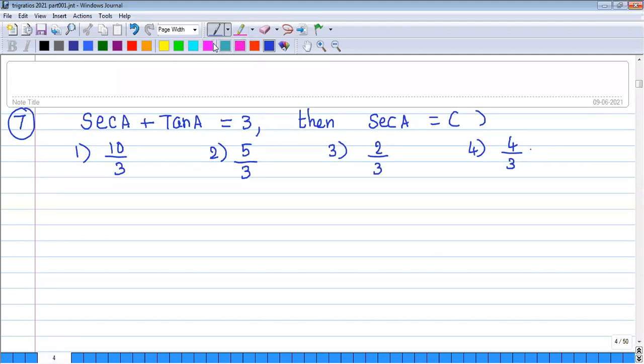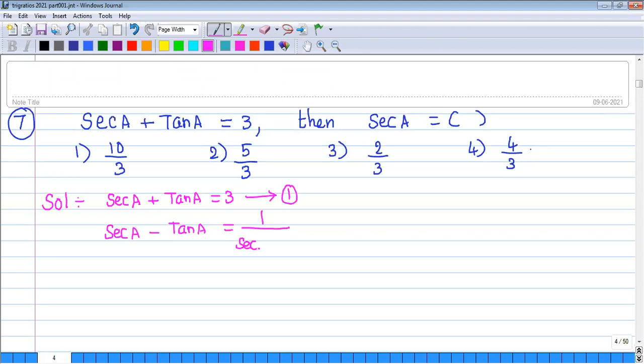Okay. So what is given here actually? Sec A plus tan A is equal to 3. Say equation 1. So we have a formula: sec A minus tan A is equal to 1 upon sec A plus tan A. So 1 upon 3. This is equation 2. Now solving 1 and 2.